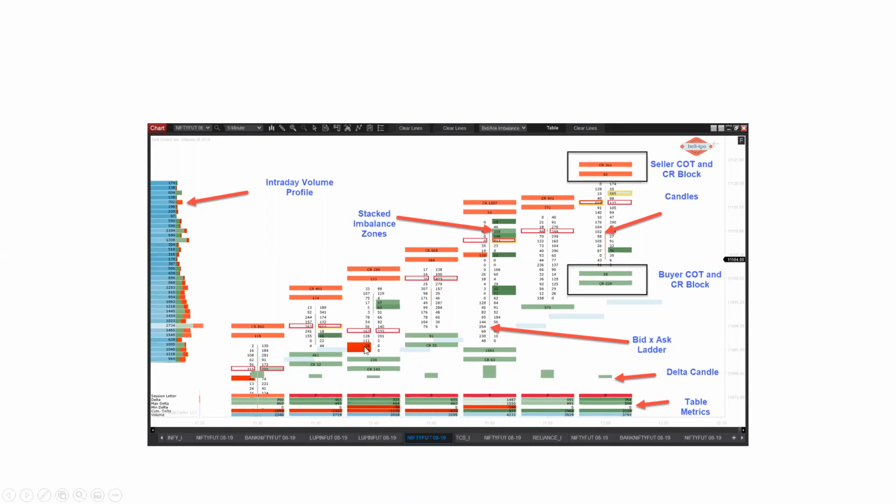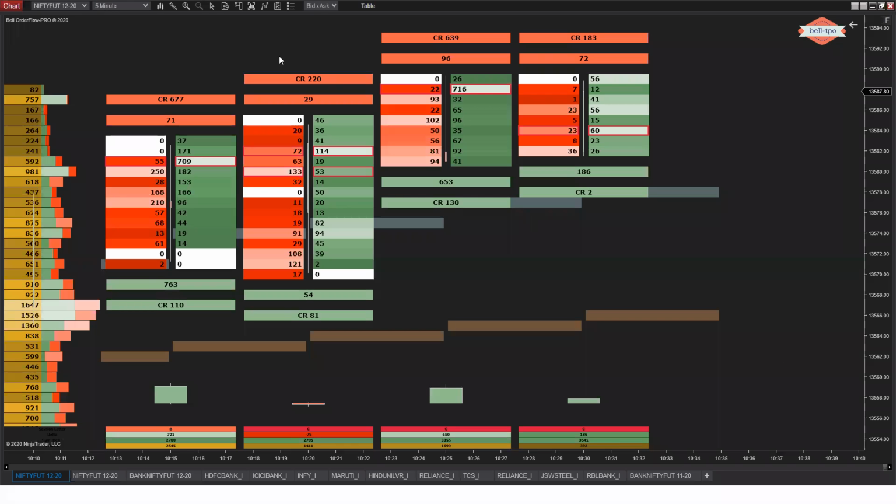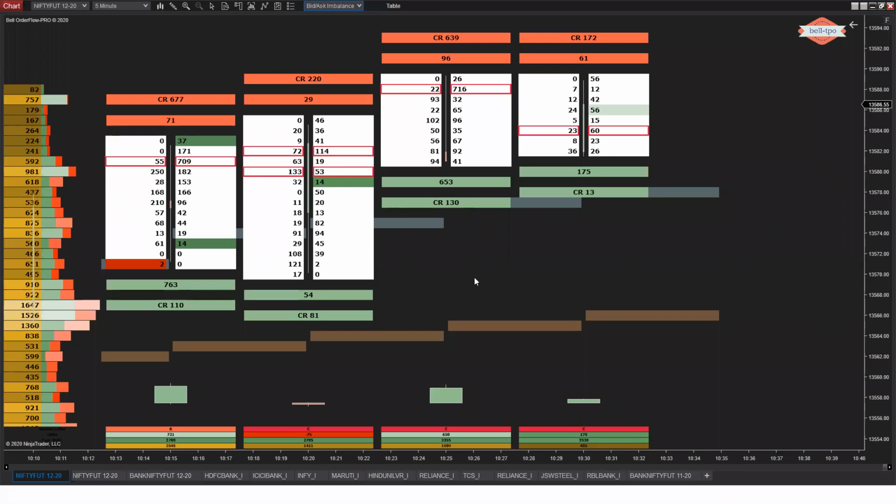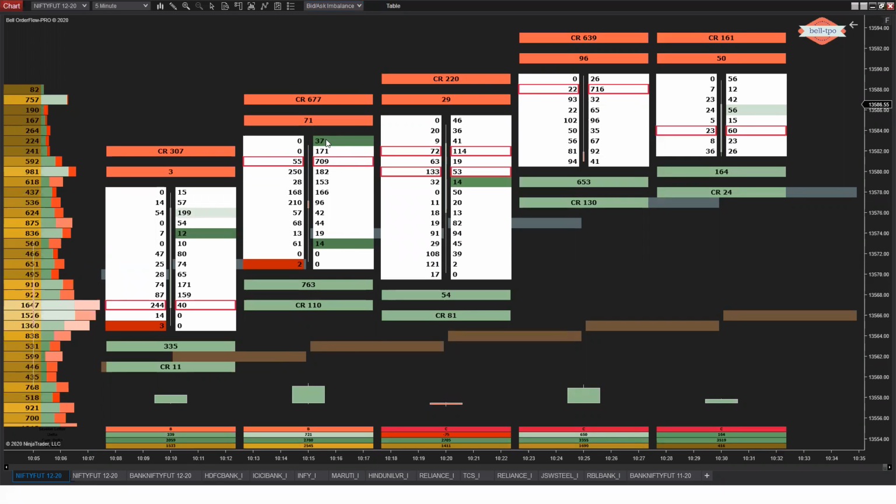So let me take some live examples here to understand what a stacked imbalance is. If I go to the stacked imbalance, bid and ask imbalance, you could see certain zones highlighted in green color and certain zones highlighted in red color.